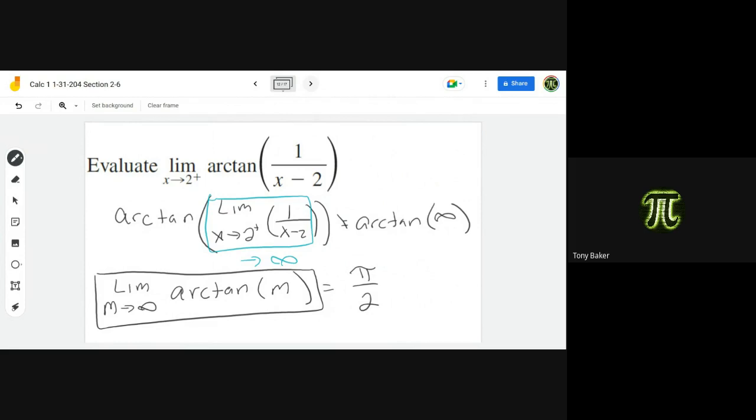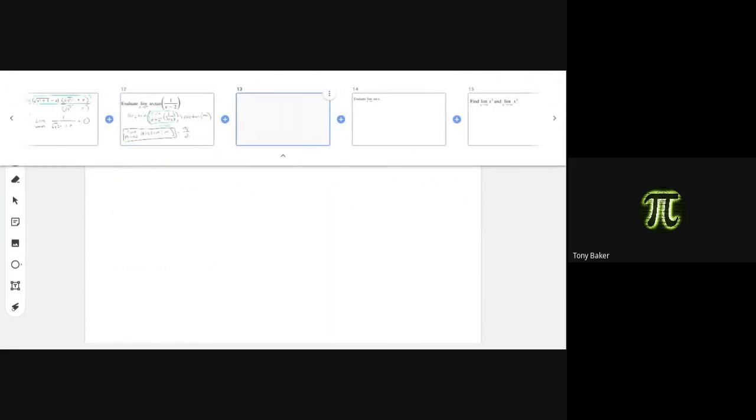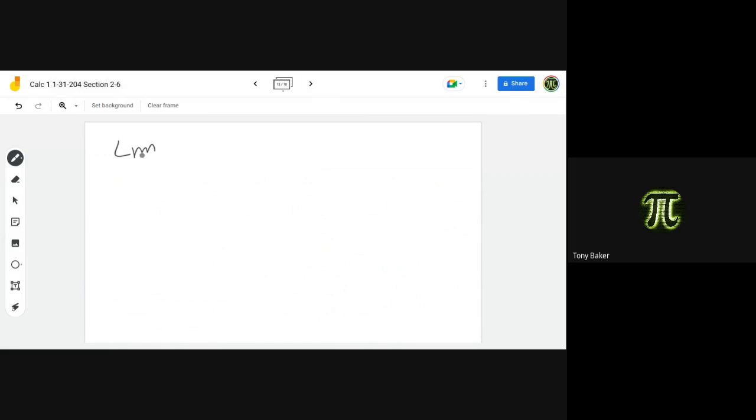If the limit was x goes to infinity, then would our answer be good? If the original problem was limit as x goes to infinity, then you'd have to look for what the arctangent of 0 is. So if you had this problem, as x goes to infinity, this piece in the middle is going to what?